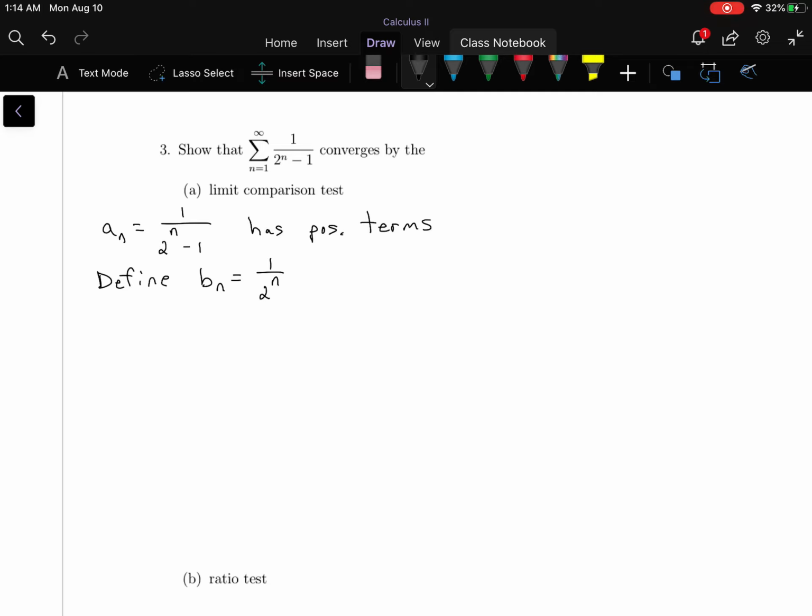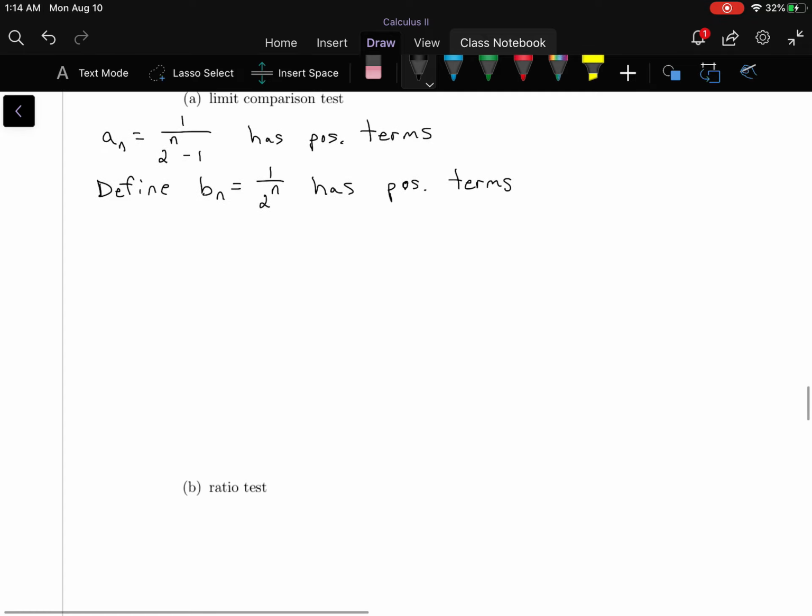One is that this b_n also has positive terms. And I also know that 1 over 2 to the n will always be a smaller term. So it's important to keep that aspect in mind.